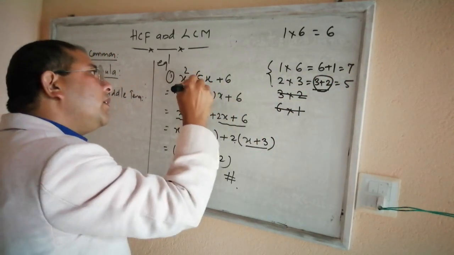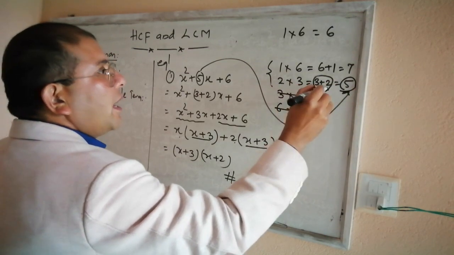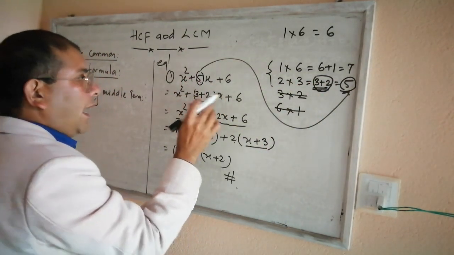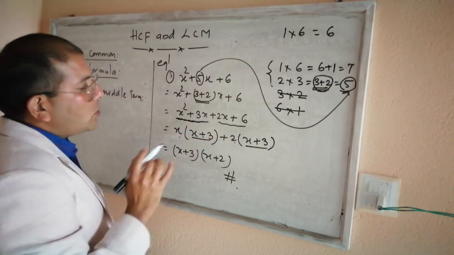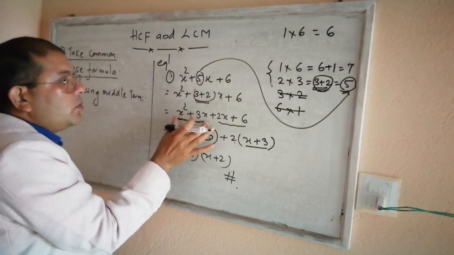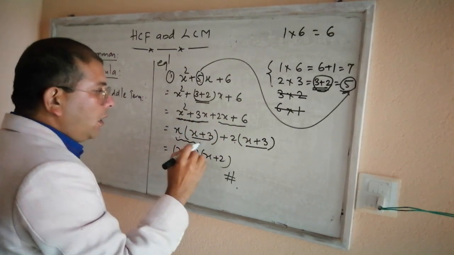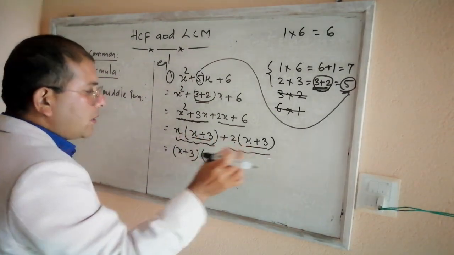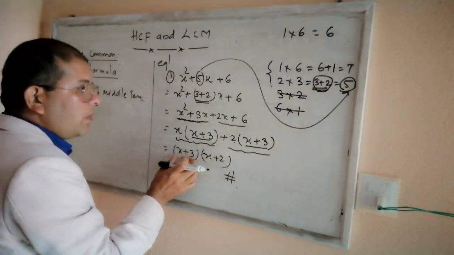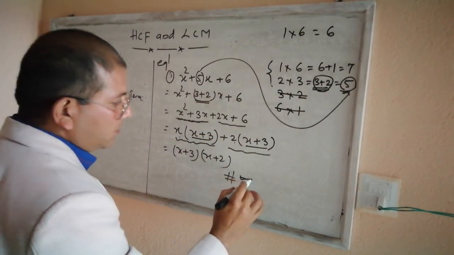And 5 is here. So in place of 5, write 3 plus 2. And separate this: make groups of the first two and the last two terms. From the first two take common, from the last two take common, and you have two groups again. From the two groups, x plus 3 is common, and the remaining is x plus 2, so it is your factorization.